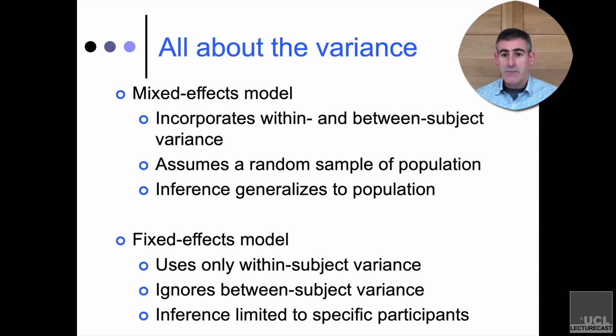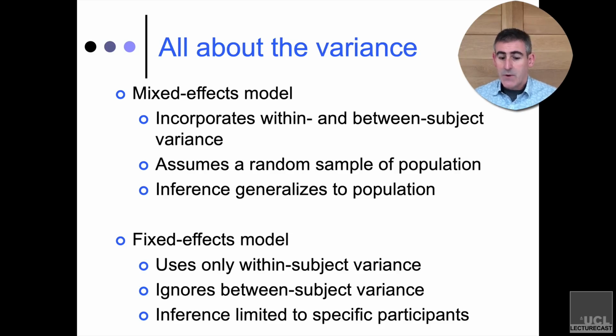When we do a mixed effects model or a random effects model, and I'm going to use those terms essentially interchangeably, then what we're doing is we're assuming that the participants are a random sample of the population and that they're a reasonably good sample, and therefore that estimate of the variance between subjects is a reasonable estimate of the variance across the whole population. And therefore, any conclusions that we draw from those data, we can generalize to the whole population.